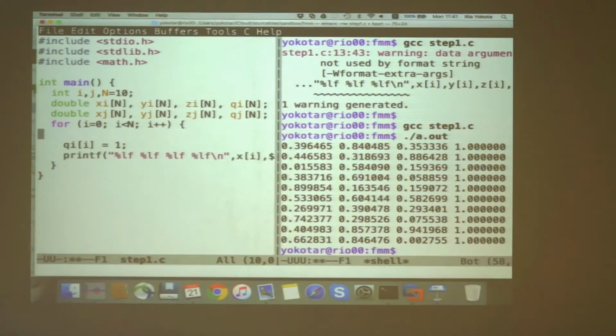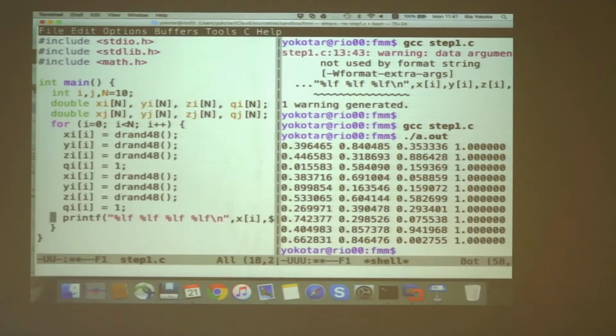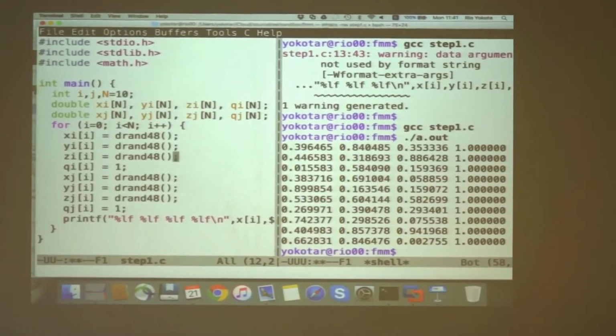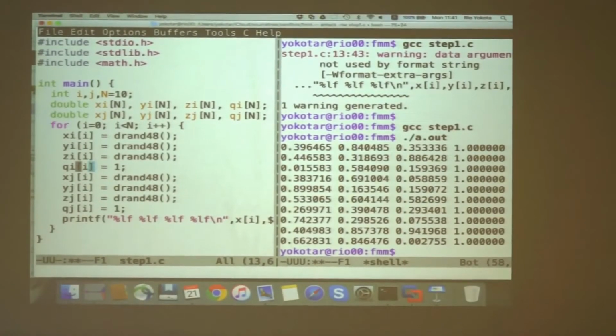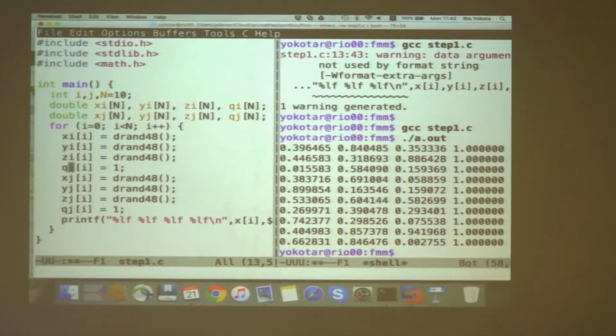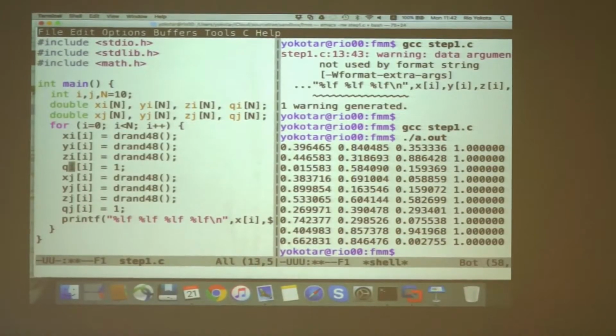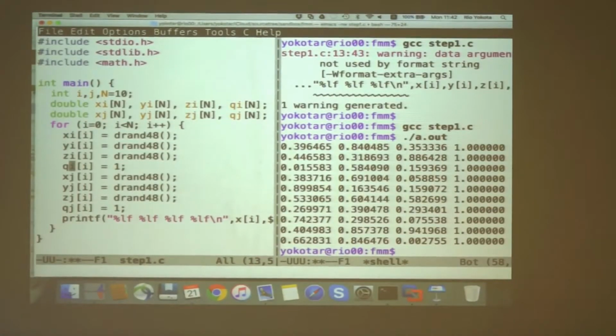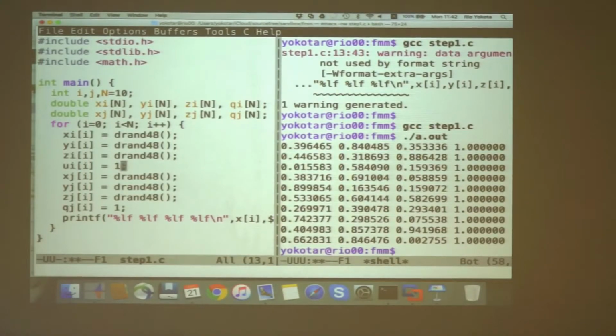And now let's create a second set of points, xj, yj, zj, and qj. Actually, for one of them, I don't need the q. Let's say for the i I don't need the q. Let's create ui, and ui can be initialized to 0 or something.